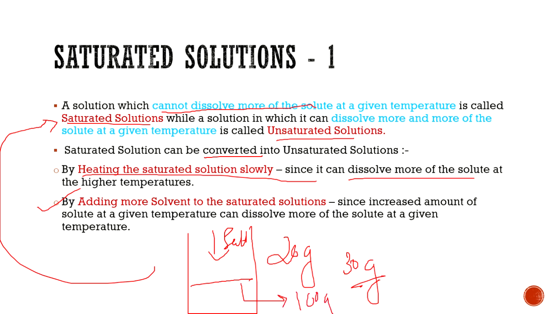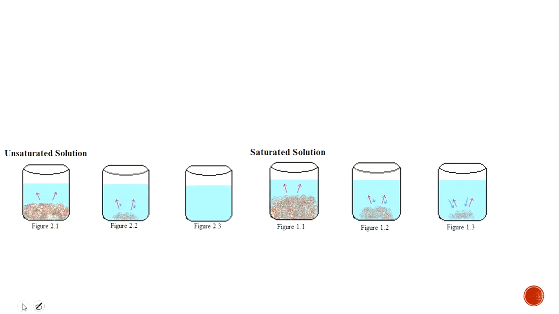If I add more and more water, it converts to an unsaturated solution. I will make up to this level, let me say it is 500 grams of water or half a kilogram of water. Then it can dissolve more and more solute. So you can either heat it or add more solvent to make it an unsaturated solution.